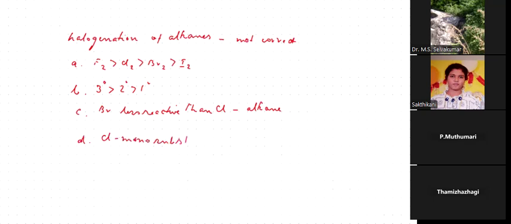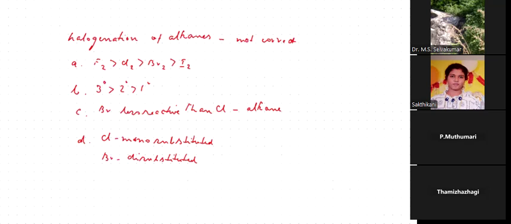If you take bromine, a disubstituted product is formed. So these are the 4 different statements given, and we have to identify the one which is wrong. So the wrong statement is this one.